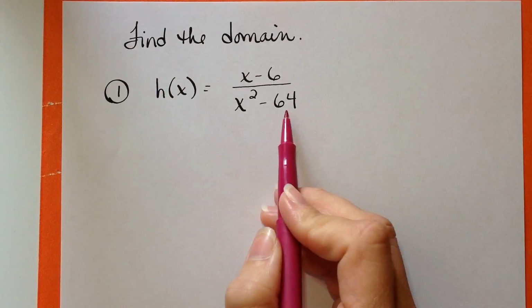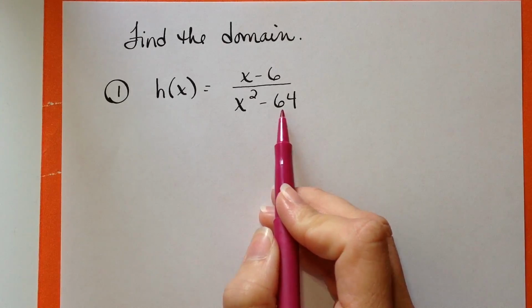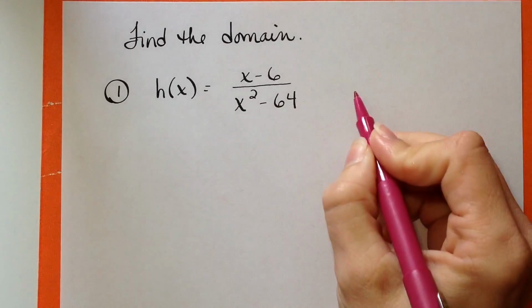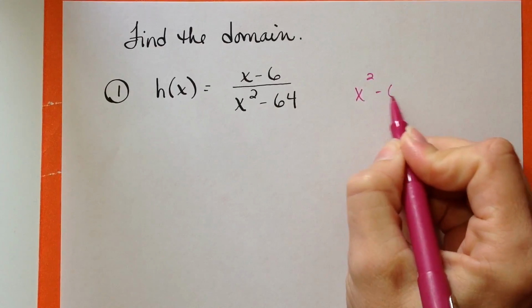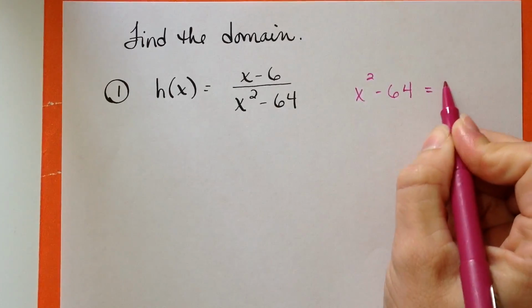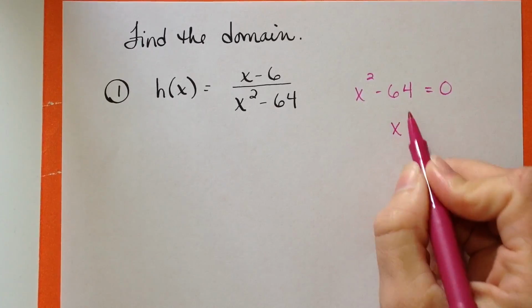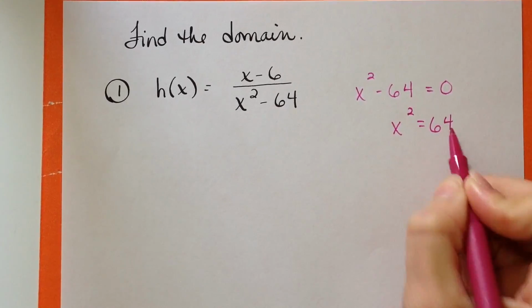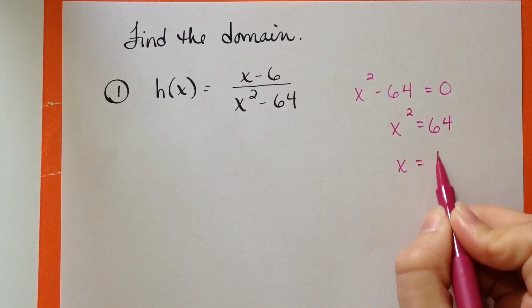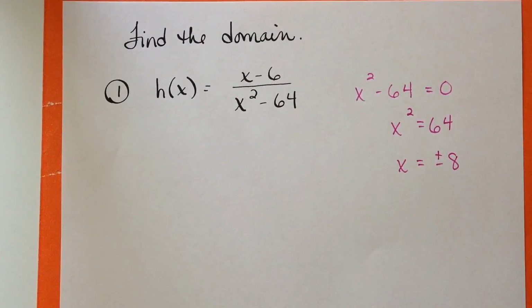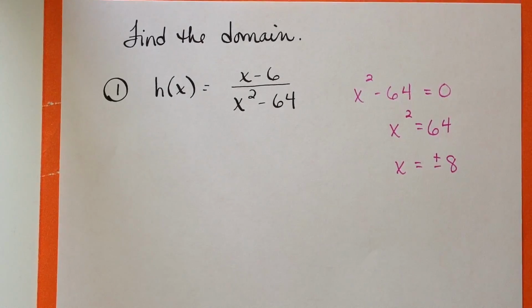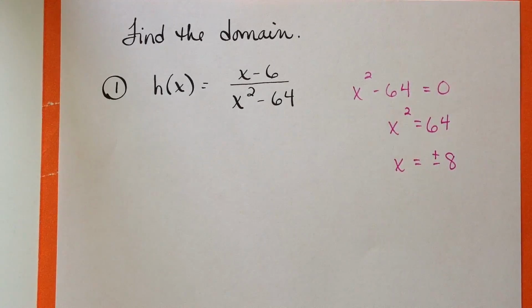X squared minus 64 will factor, so you could factor with the difference of squares, or if you choose to do so, you can use your square root property. So we can set it equal to 0, add the 64, and then take square root of both sides, which will give me plus minus 8. So those are the values that would cause this particular denominator to equal 0. So they would have to be left out of your domain.